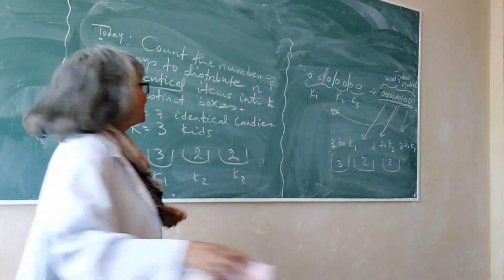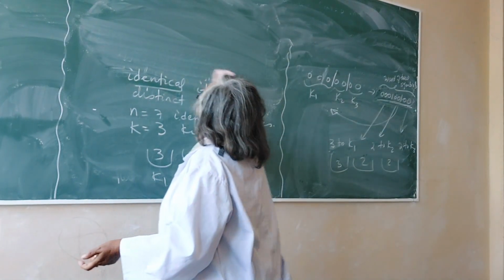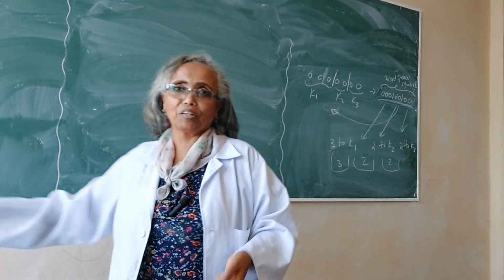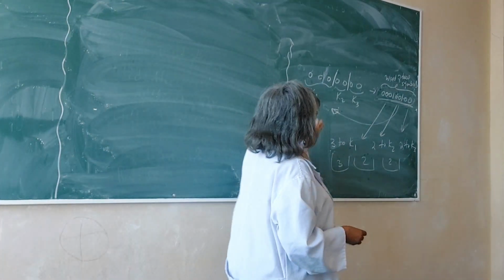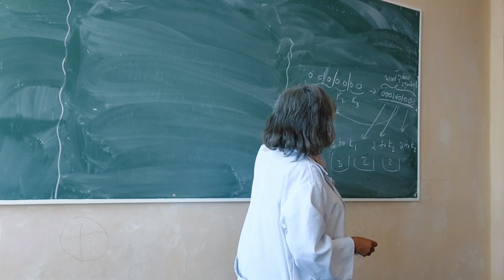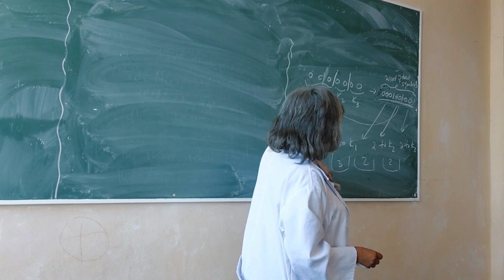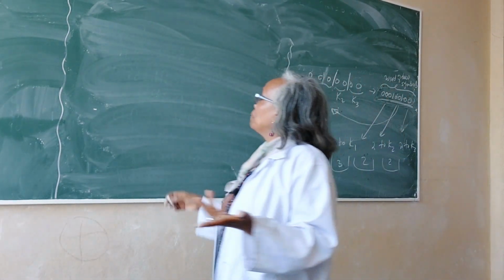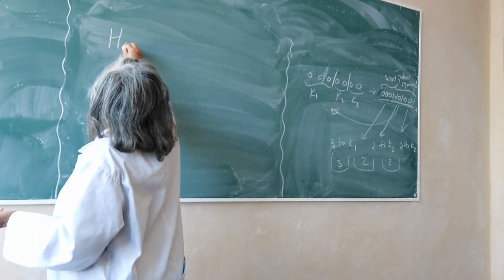To put it in general terms, first let me finish this one. Once I did this, I can count the number of distributions by counting these codes or words. But how many such codes are there?